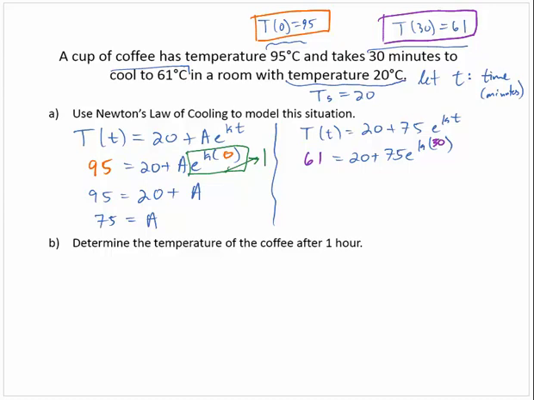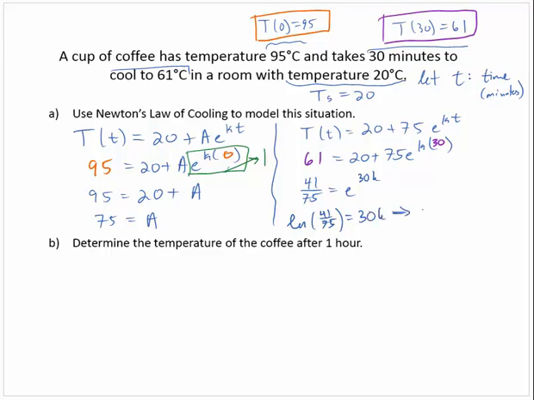And now I can solve for k. Subtracting the 20 and dividing by 75, 41 over 75 is equal to e to the 30k. Natural log of both sides: the natural log of 41 over 75 is equal to 30k.